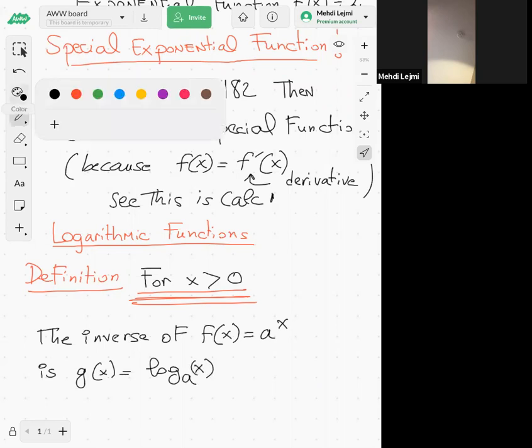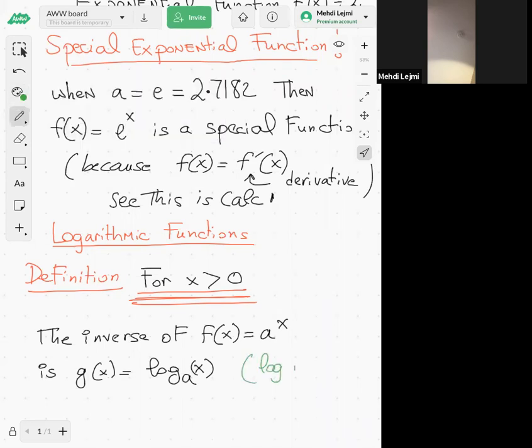So this is a log in base a. Remember, guys, what's the definition of the inverse function?